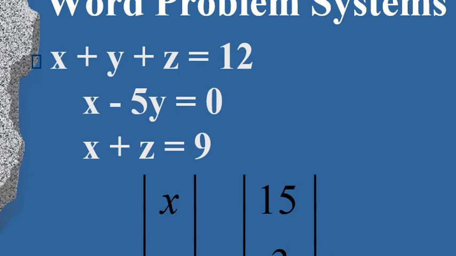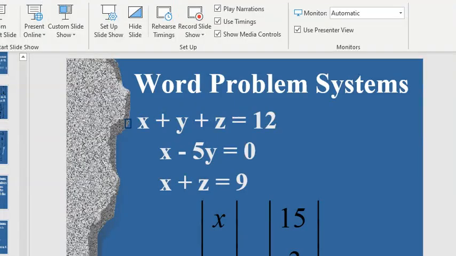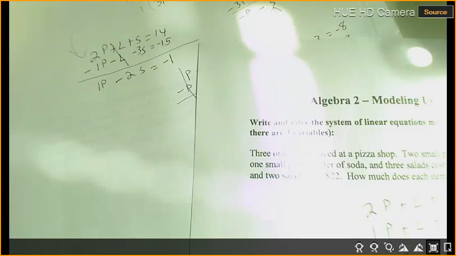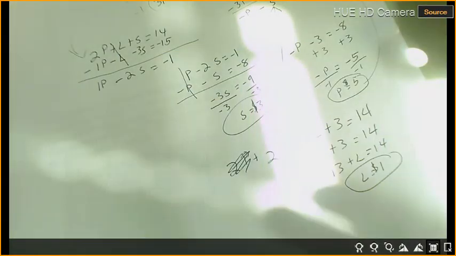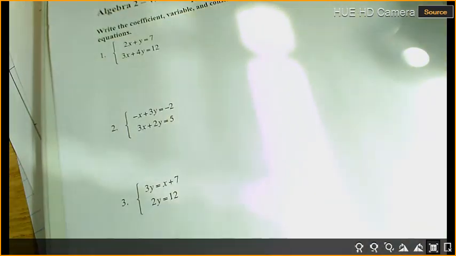Okay, let me show you what your homework's going to look like. Okay, so your homework is going to look like this. Sorry, I don't know how to make it better with the lighting.